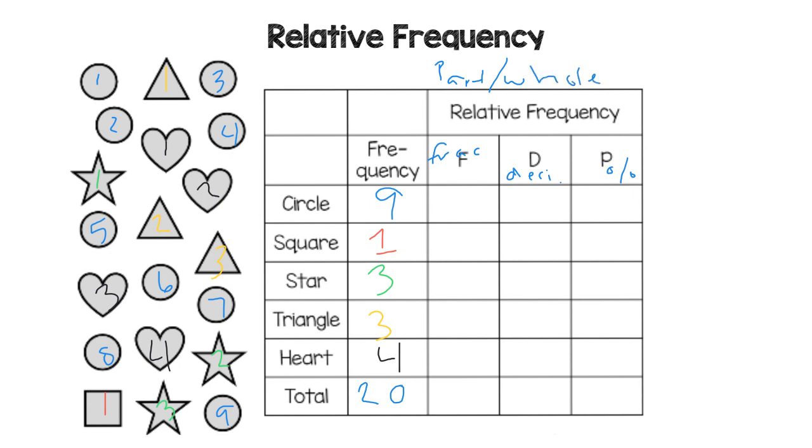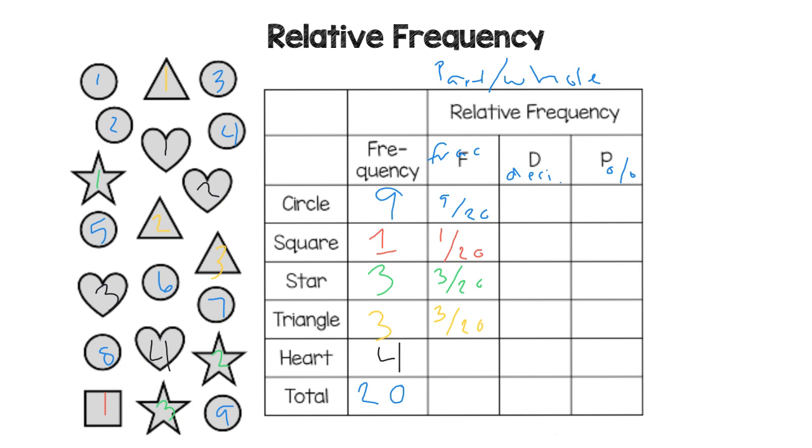So when I write my fraction, I am going to take the frequency that we found and put it over the total frequency. So for my circle, we're going to have 9 over 20. For our square, we're going to have 1 over 20. For our star, we're going to have 3 over 20. For our triangle, we're also going to have 3 over 20.